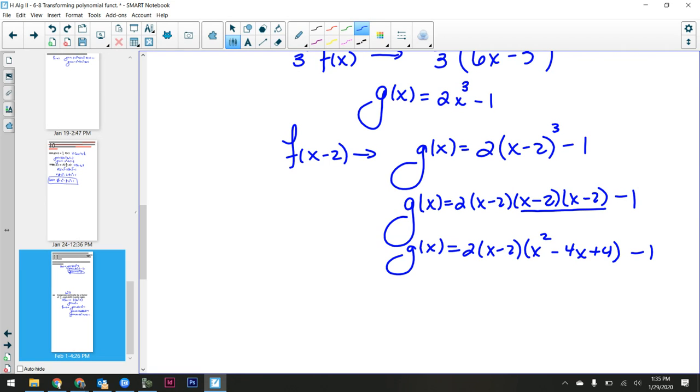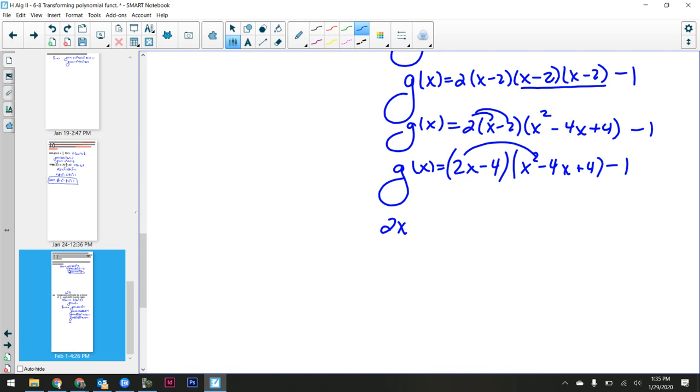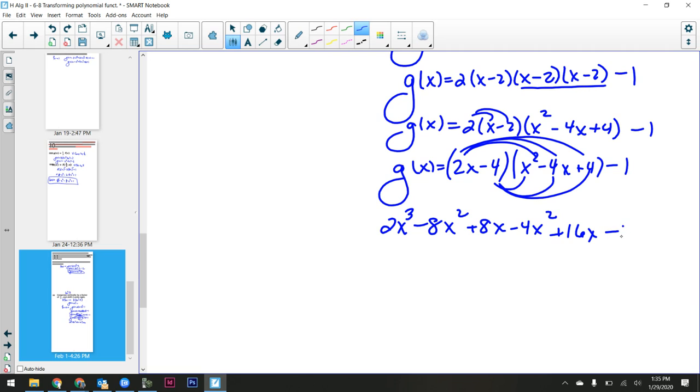And now, you know what I'm going to do? I'm going to do this next. I'm just going to do that: 2x minus 4. You see what I did there? I just already distributed into 2, so this 2x minus 4 will carry it in. 2x to the third minus 8x squared plus 8x minus 4x squared plus 16x minus 16.